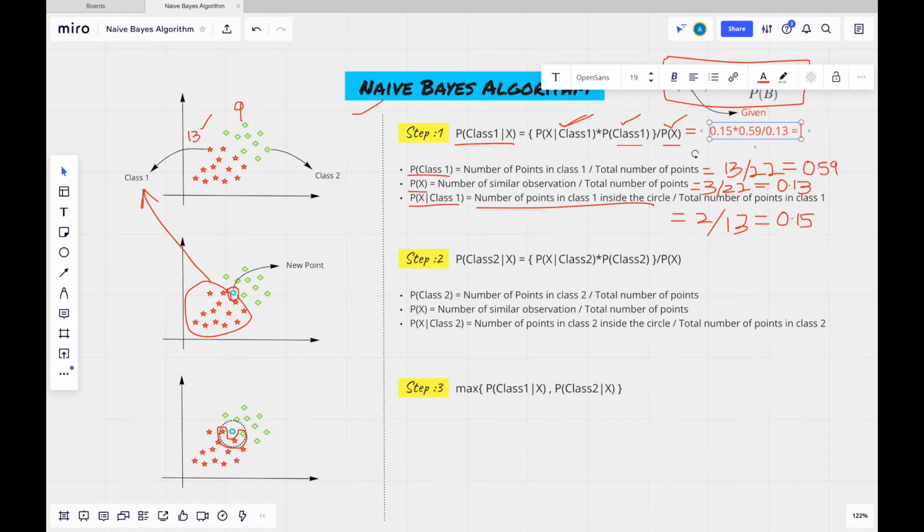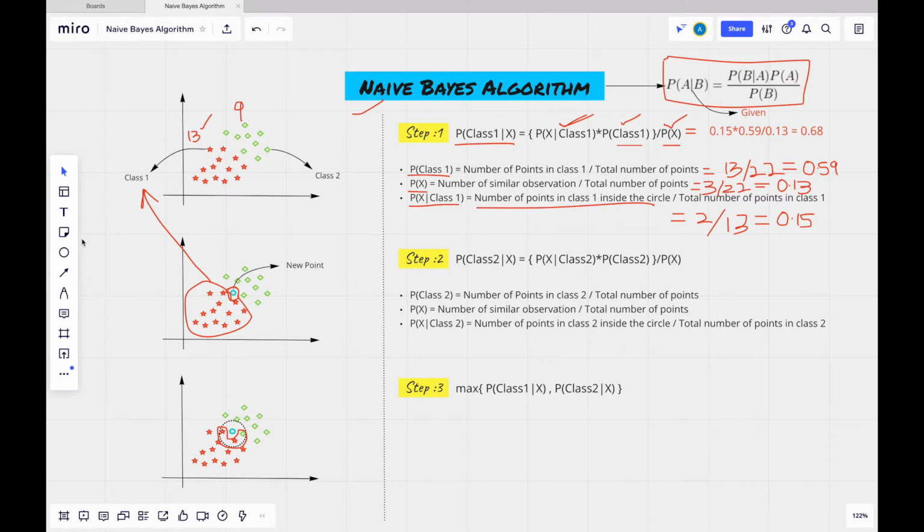Let us see what result we get. 0.15 into 0.59 divided by 0.13 is around 0.68. So this value represents that this new point has a 68% probability that it belongs to class 1.